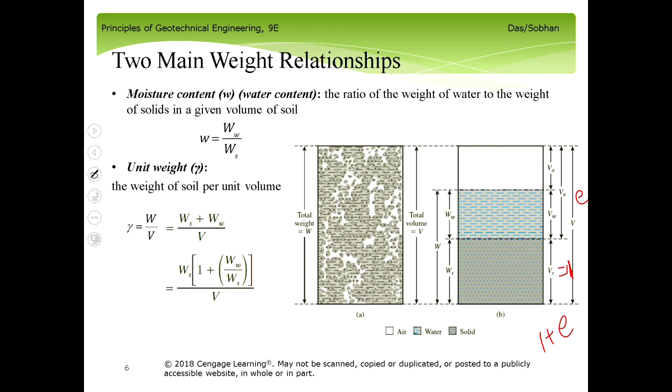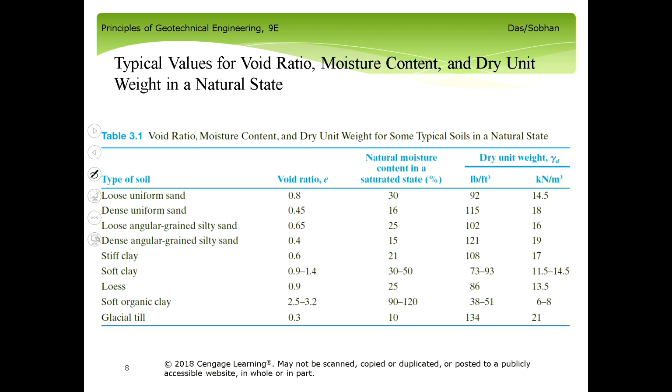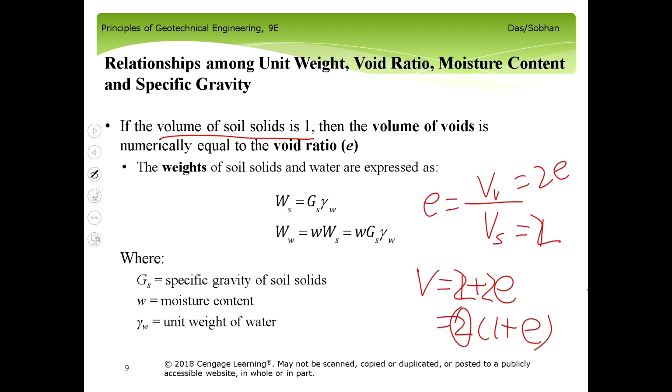And later, this part will also be simple. So the void volume equals the void ratio, as long as we set the solids volume to 1. So the weights of the soil solids and water content can be expressed with this.